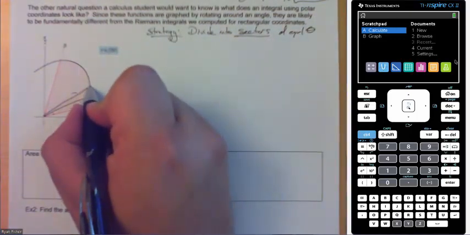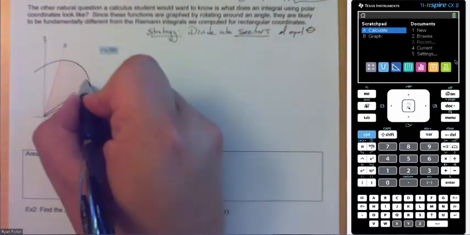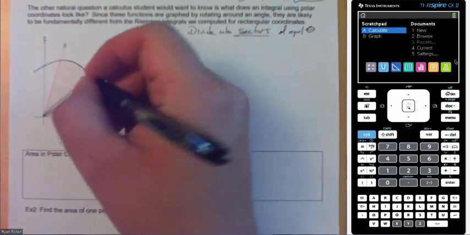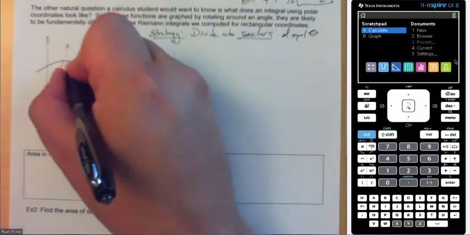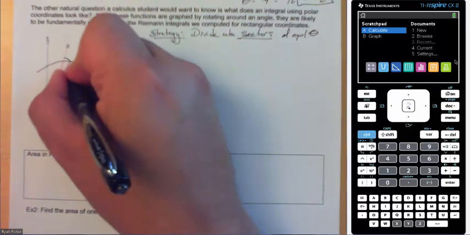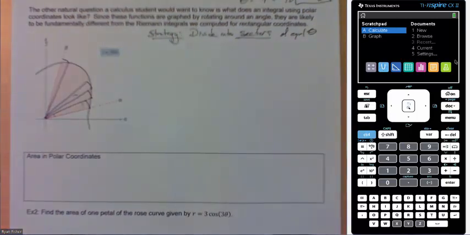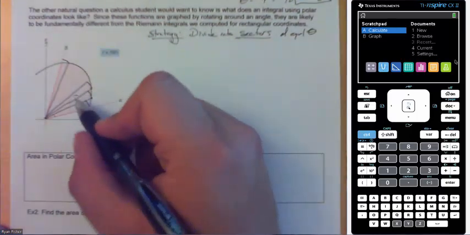And this time I start on the function and I rotate a little bit, and so on. And I keep doing this process until I've subdivided this into a bunch of little circular wedges or sectors.